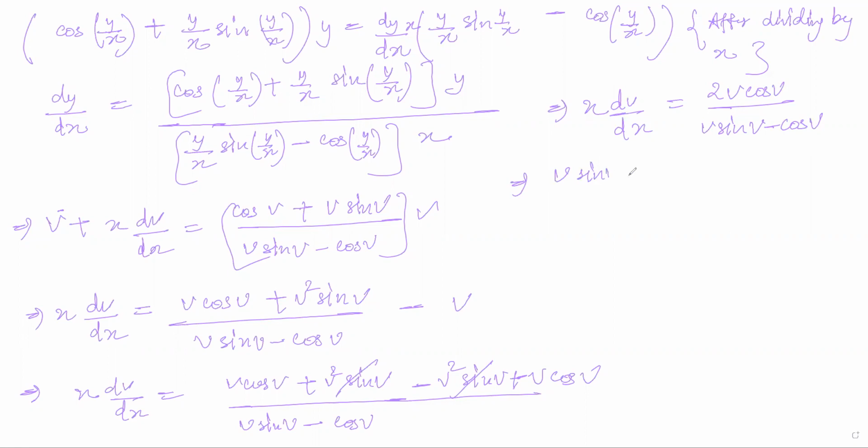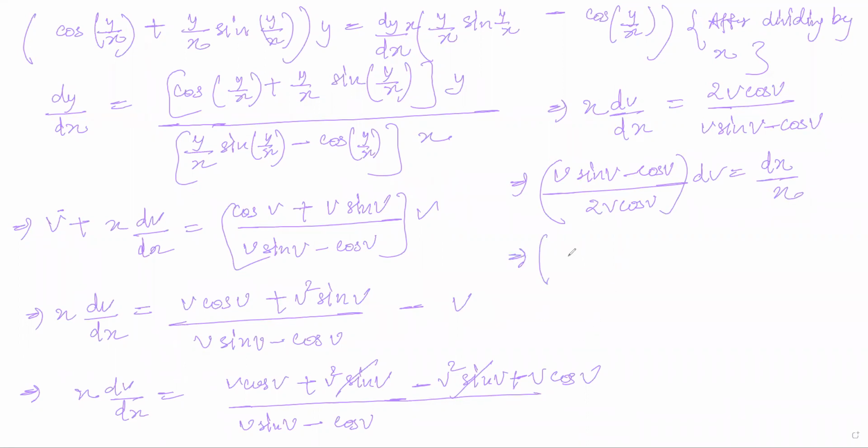This is nothing but v sine v minus cos v divided by 2v cos v into dv is equals to dx by x.